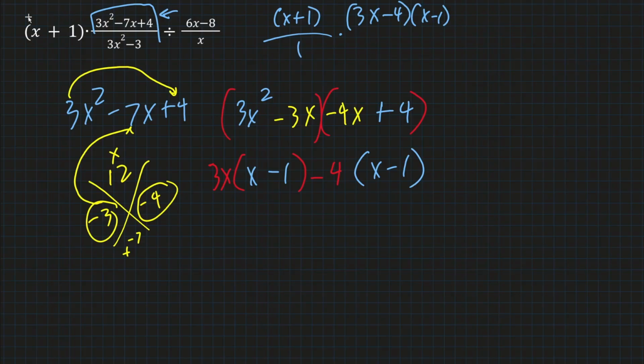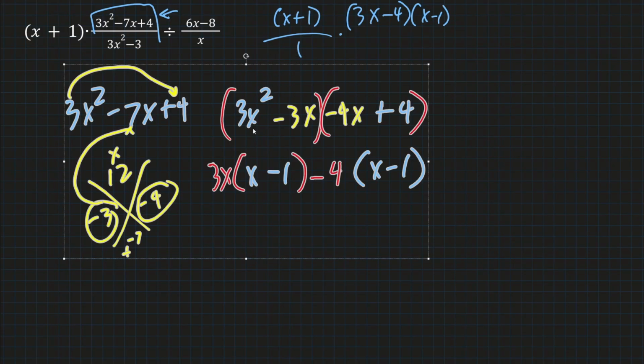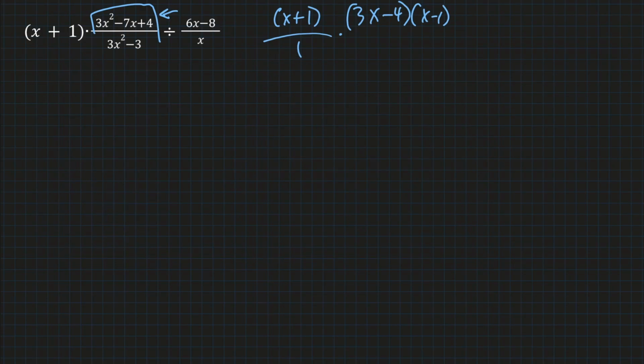All right, let's clear out some space and then work on the denominator. The denominator that we're working with is 3x squared minus 3. This one is going to be a bit faster because the first thing that I see is I can pull out a 3 and get x squared minus 1.